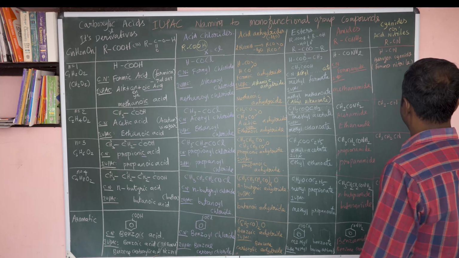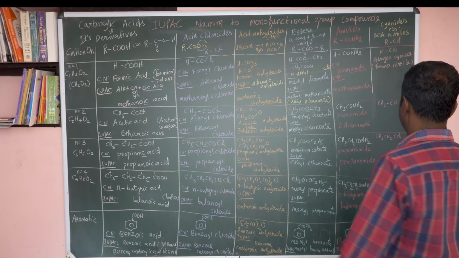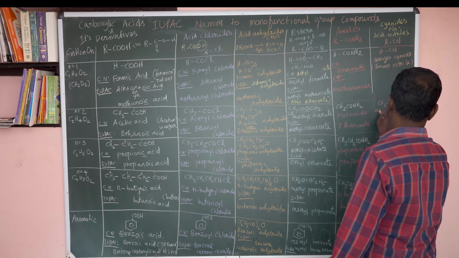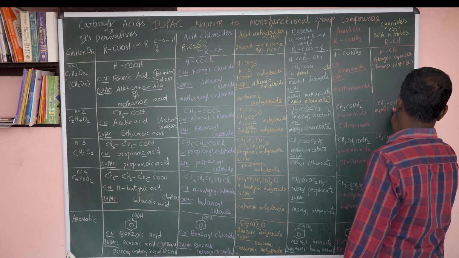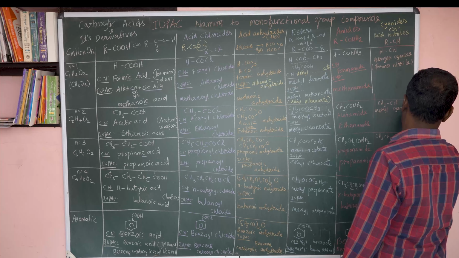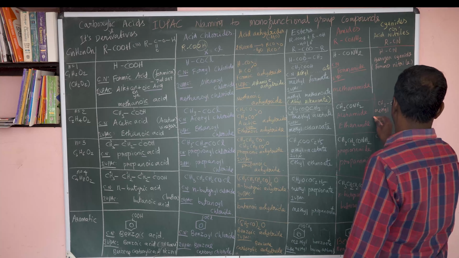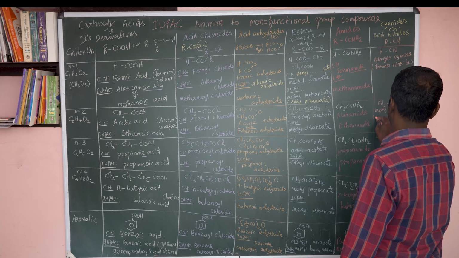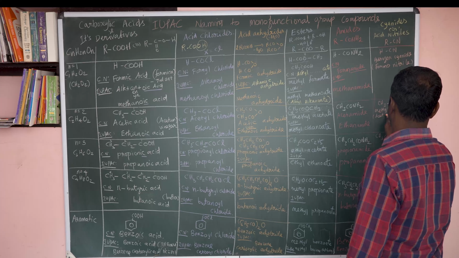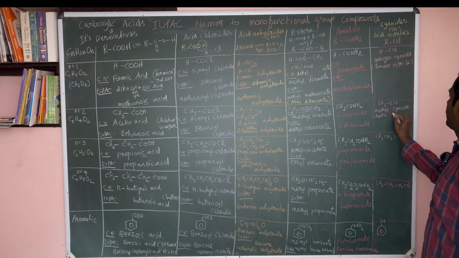For hydrogen cyanide, the nitrile name is formonitrile. For CH3CN, the cyanide name has the alkyl group written first and the word cyanide added, so methyl cyanide. And the nitrile name: the acid is acetic acid, instead of IC, O is added, so acetonitrile.